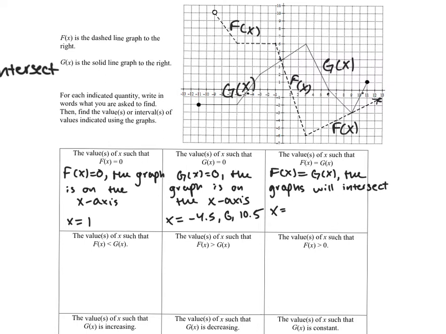It looks like it's approximately negative 0.25 right here at this intersection. It's not quite a half, so we'll call it negative 0.25. And right here, when x is 9.